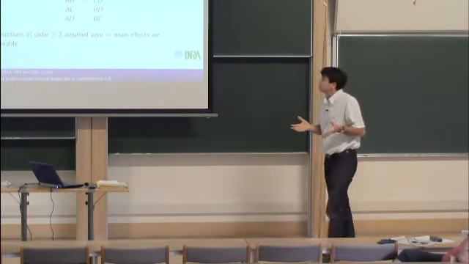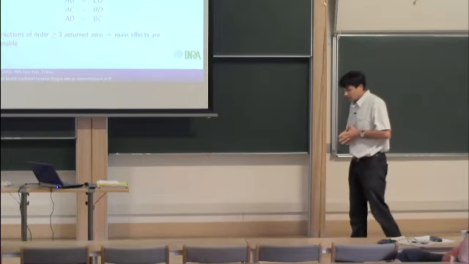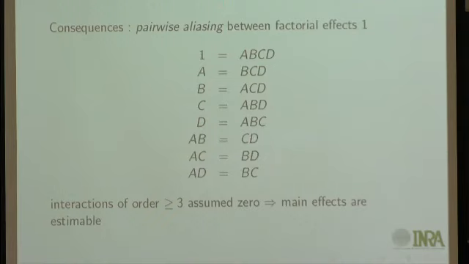I suppose it is also known by most of you that by constructing such a design, we introduce aliasing relationships between factorial effects, which can be summarized in this way. 1 designates the general mean. It is confounded with the 4-factor interaction. The main effect of A is confounded with the interaction BCD, and so on.